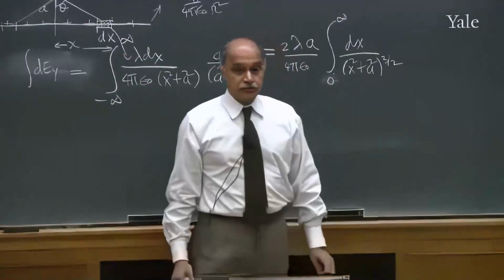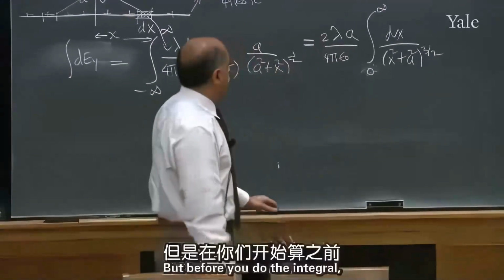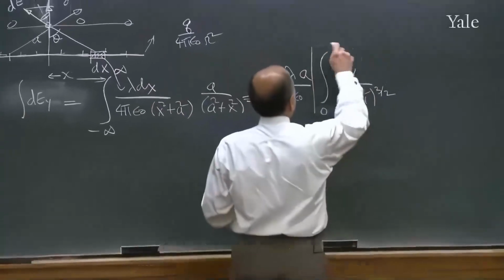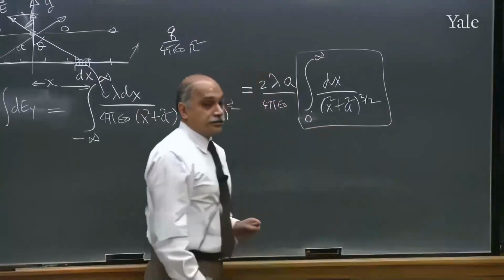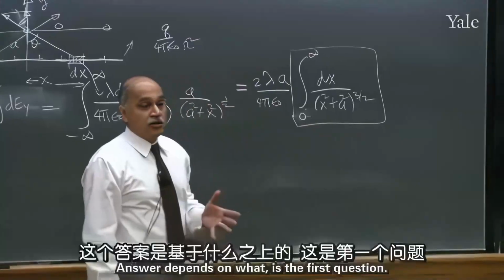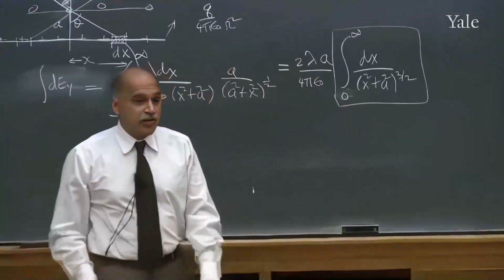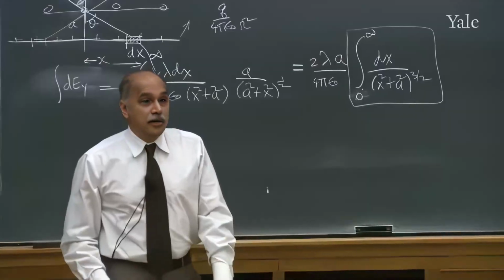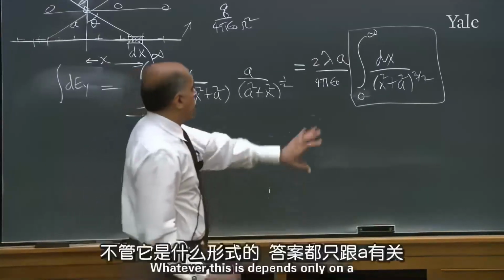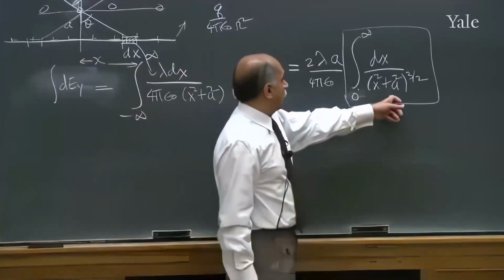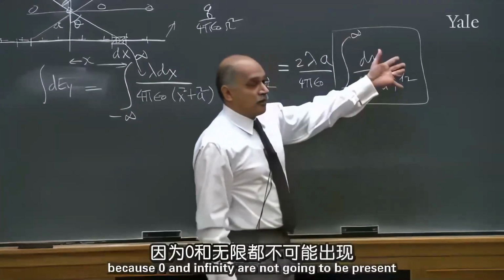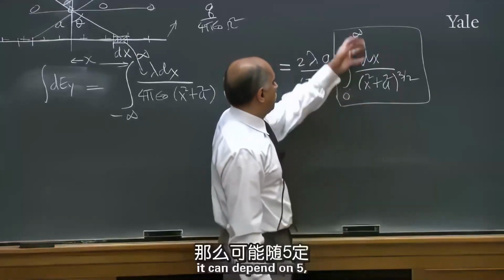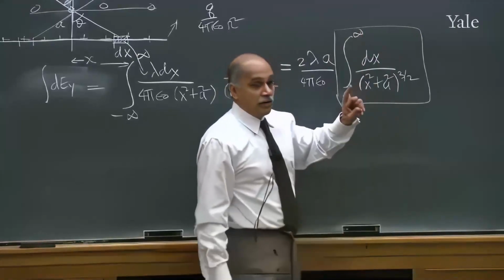But before you do the integral, you've got to have some idea what the answer is going to look like. I want you to get some feeling for this. The answer depends on what? That's the first question. What's the answer going to depend on? A. You understand? Whatever this is depends only on a, because 0 and infinity are not going to be present as part of the answer. If the lower limit is 5, it can depend on 5, but it doesn't depend on any other thing other than a.